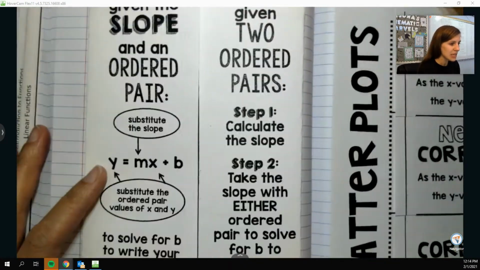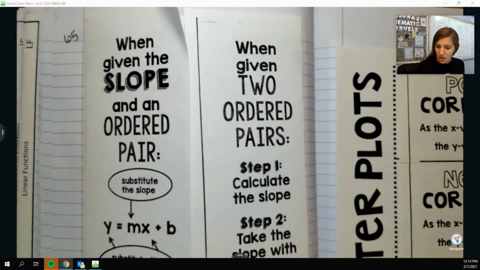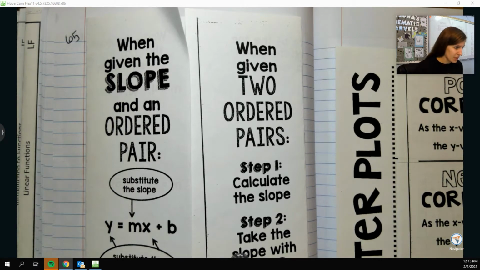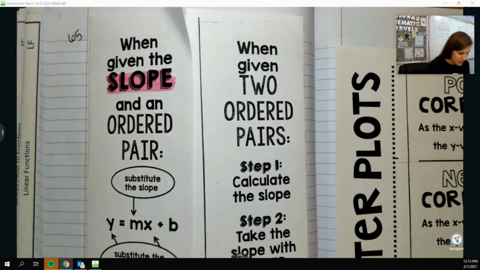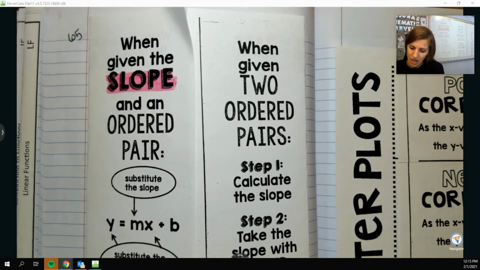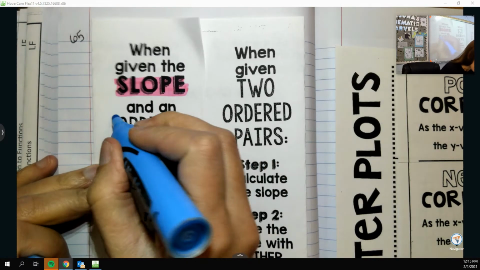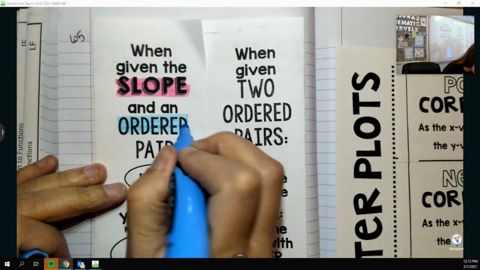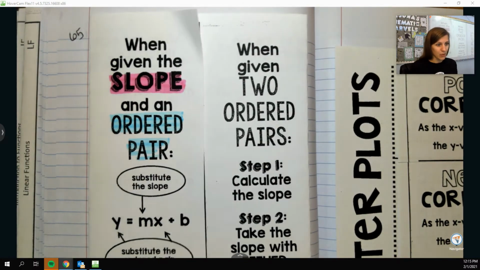So we need to remind ourselves of a few things. If I'm given the slope of a line and just an ordered pair, let me get a different color. Normally, what I like to do is put it into point slope form.